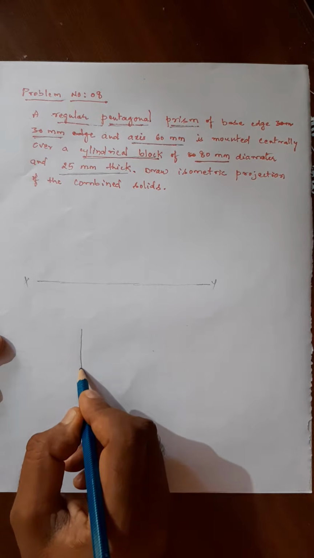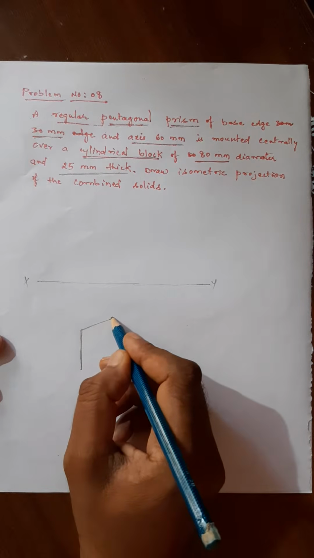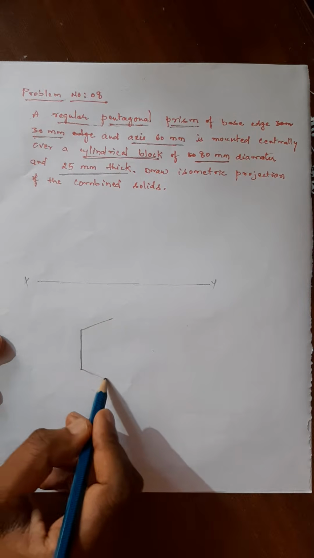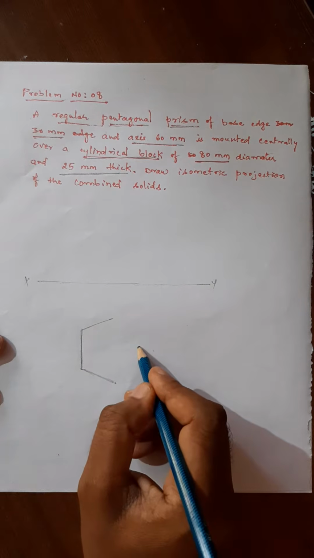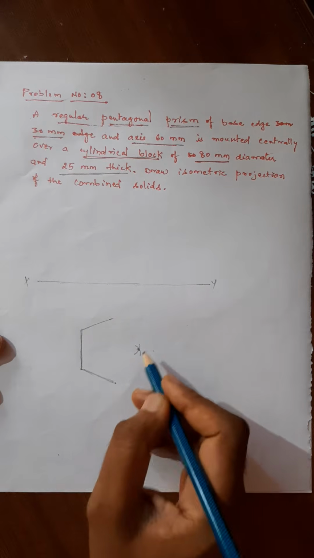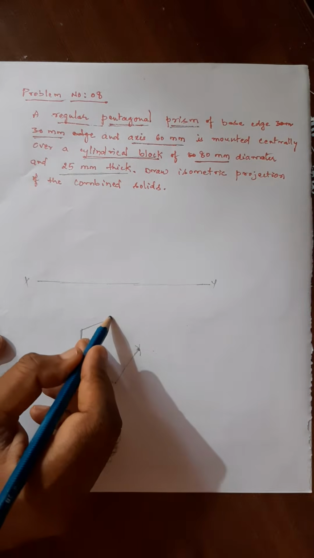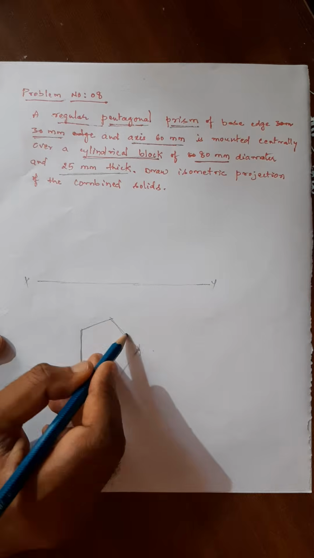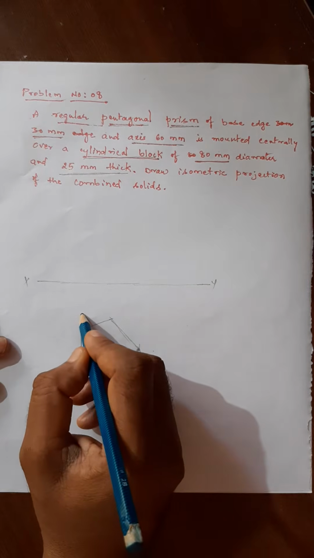Now this is the 72-degree line. Already you know that. One more point you will get by drawing an arc. Now join those 2 points here, like this.